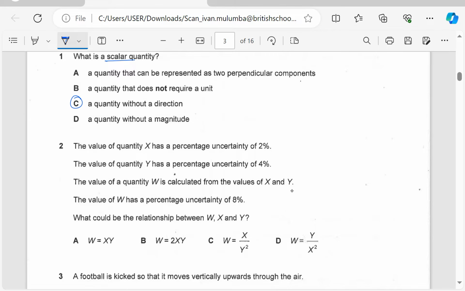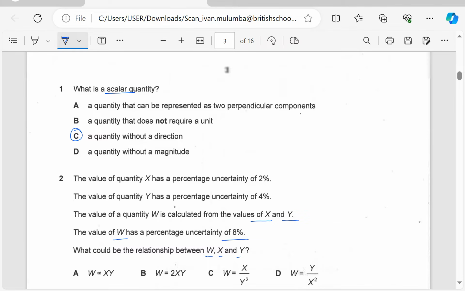The value of quantity x has a percentage uncertainty 2%. The value of quantity y has a percentage uncertainty 4%. The value of quantity w is calculated from the values of x and y. The value of w has a percentage uncertainty of 8%. So what could be the relationship between w, x, and y? So they have told us the value of w has a percentage uncertainty of 8%.